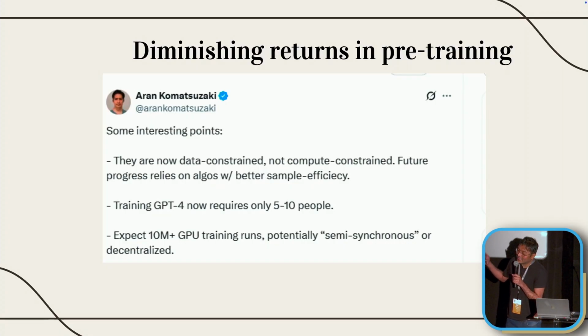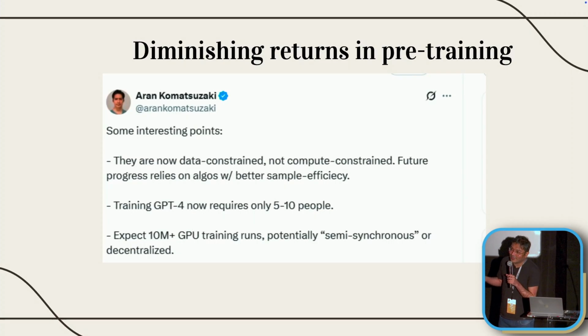What is happening though is that high quality data, the data that actually is impactful, is getting harder and harder to find. Also, the amount of effort you need to make in order to convert your raw data into data that is a lot more sample efficient is the bigger constraint.